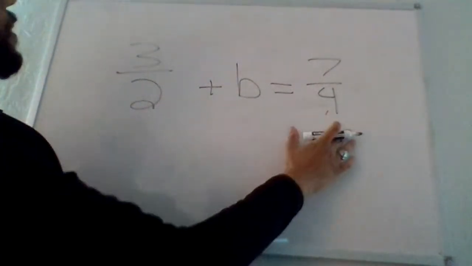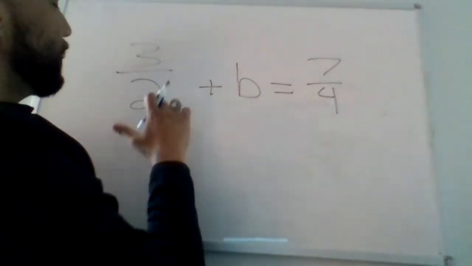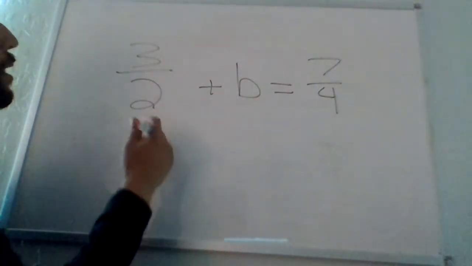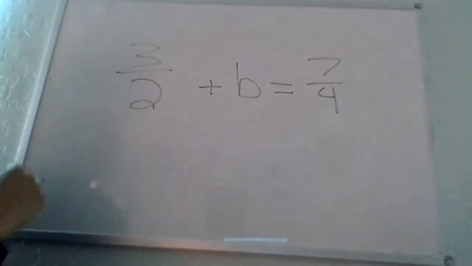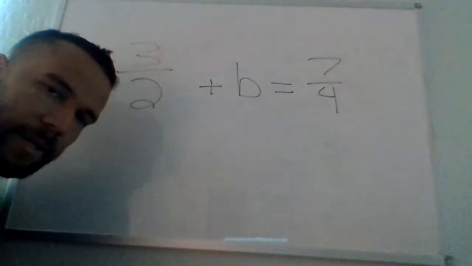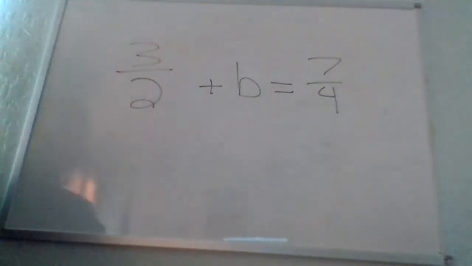Okay. So that's one method. Now, could we have made these into mixed numbers? Well, let's see. What would 3/2 be as a mixed number?